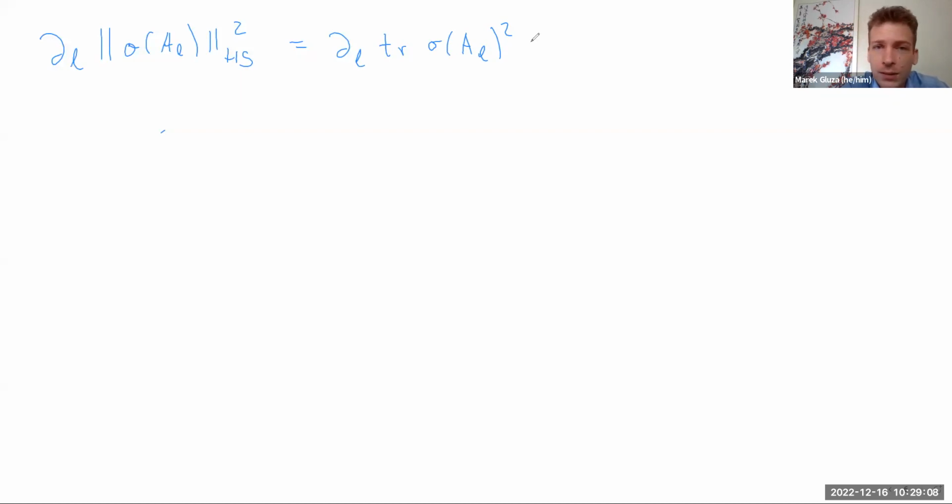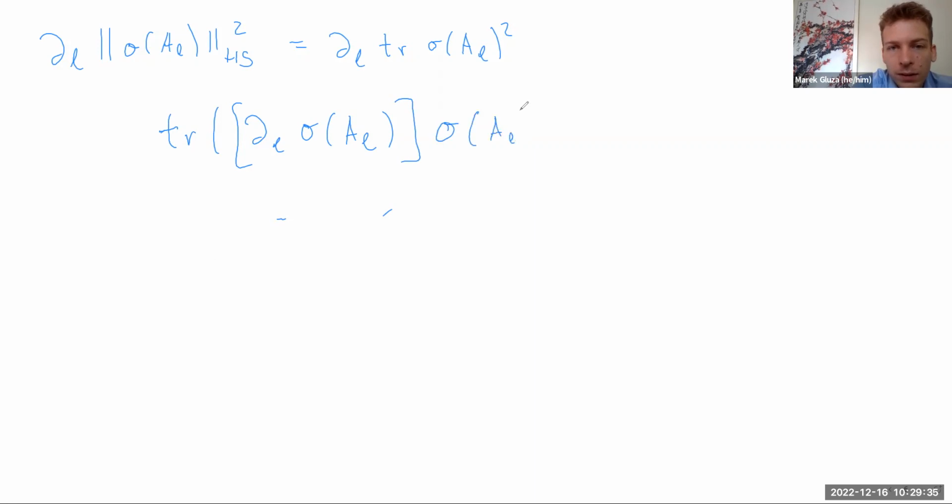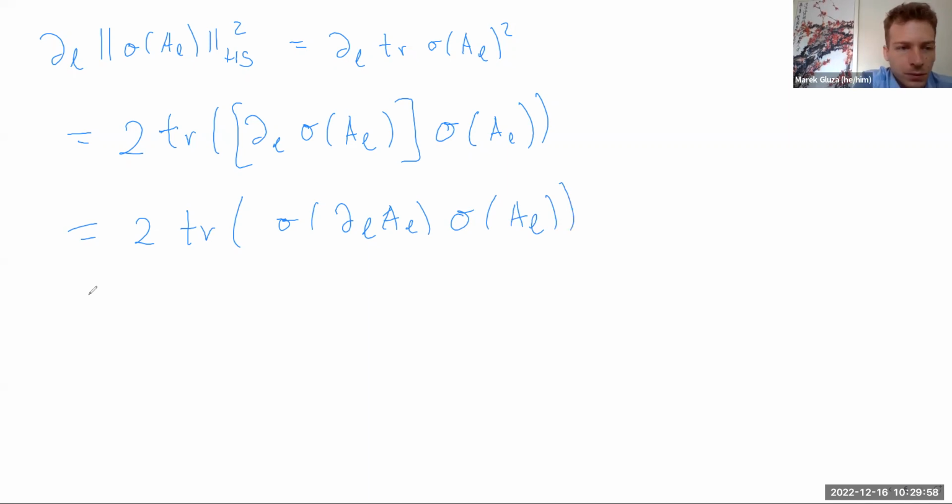Basically you get a lot of linearity and continuity considerations that you can put in, but then in the end you realize that when we consider the derivative of trace of sigma of AL squared, using trace simplicity already here, then this is 2 times trace of sigma of AL times the derivative of AL, and that's very nice because the derivative with respect to the flow duration of the flowed observable satisfies the double bracket flow equation.